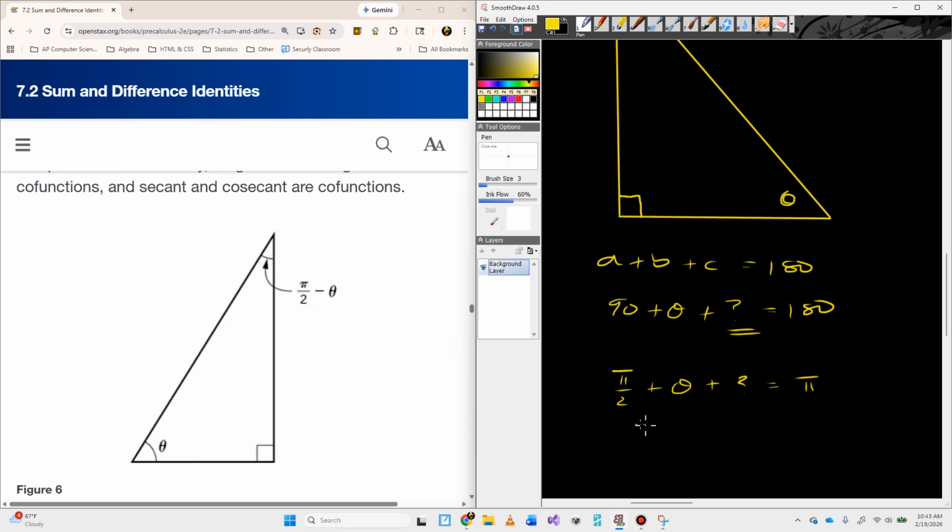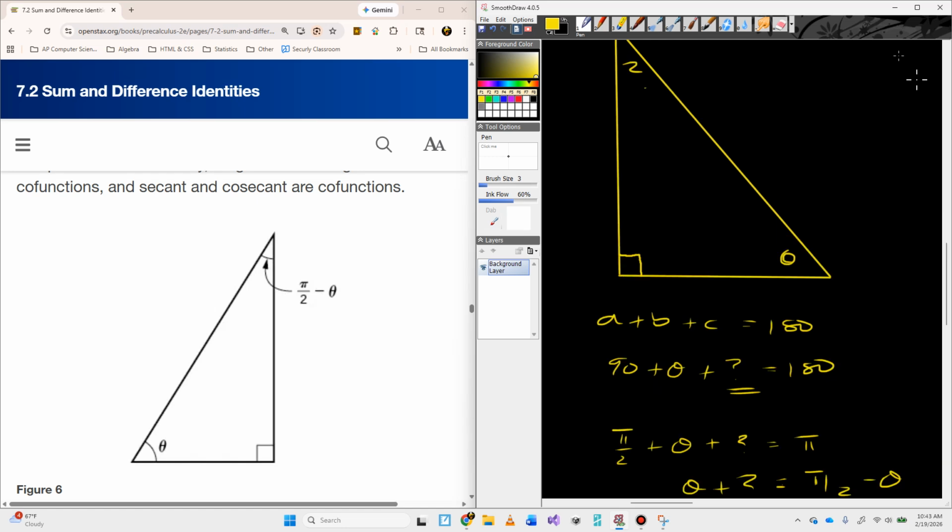Now, when I subtract 1/2 from both sides, I get pi over 2. Then I subtract theta from both sides, and that's exactly what this is, pi over 2 minus theta. This angle can usually and almost always be referred to as pi over 2 minus whatever this angle is.